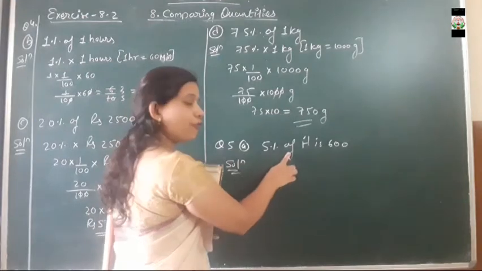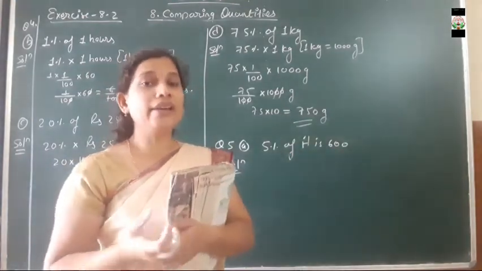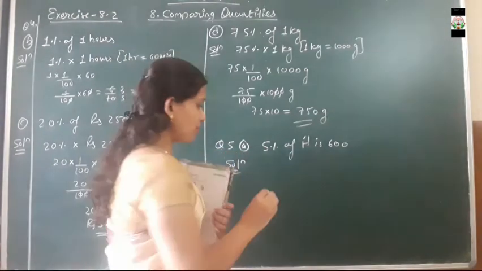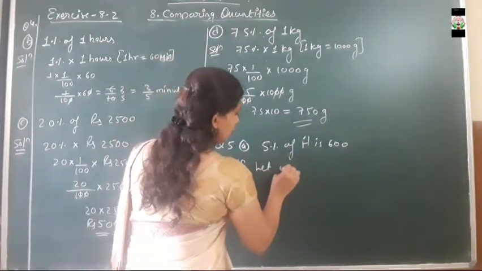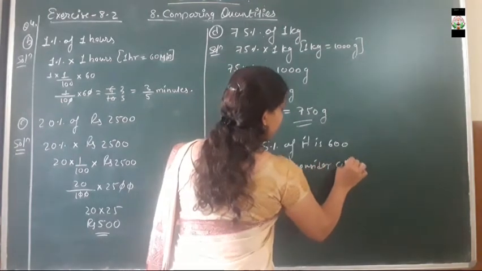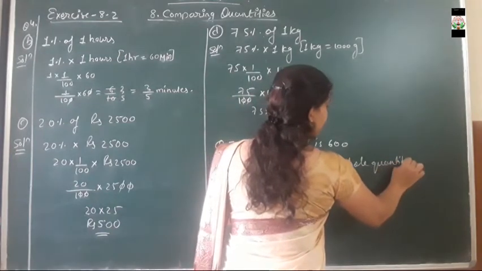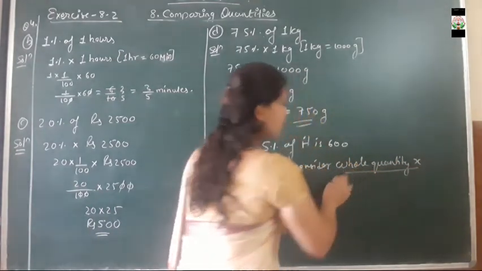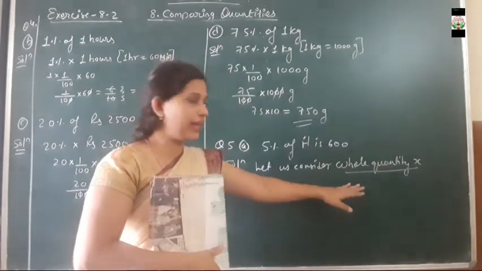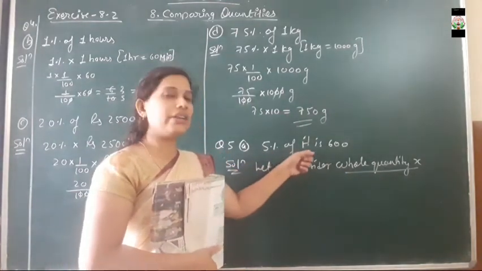As we know that "of" means into, and "it" means the whole quantity. So let us consider the whole quantity as x, as we have to find the whole quantity. This only we have to find, right? Find the whole quantity from 5% of it is 600.